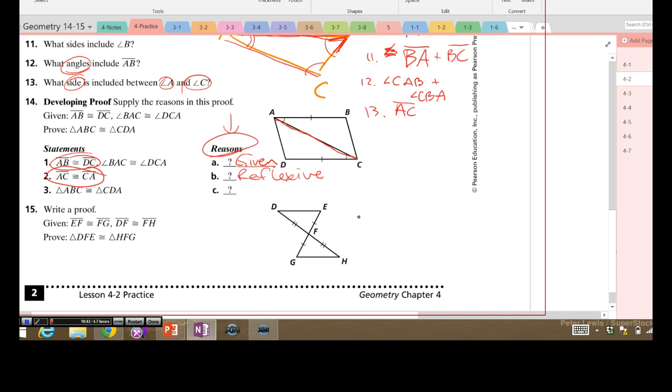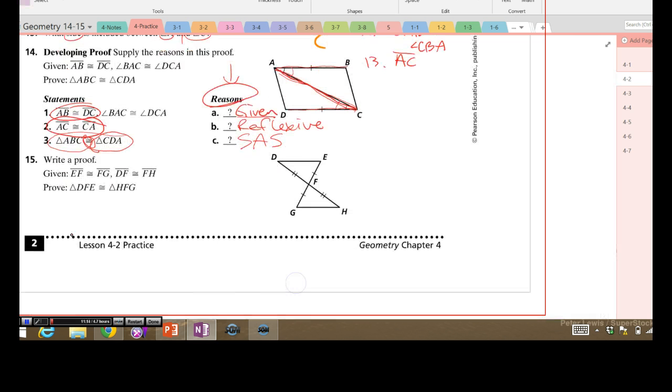So now we have just established that for the bottom triangle, a side, an angle, and a side match up to and are congruent to another triangle's side, angle, and side. So your reason for saying this entire triangle is congruent to this entire triangle is simply SAS. And it's not just your grandparents' shoe brand.